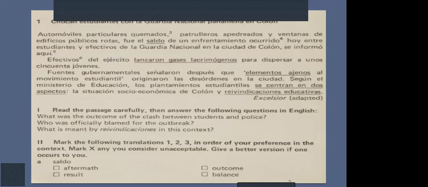Authorities reported. Yes, go on, please. Maybe army personnel used tear gas or threw tear gas to disperse around 50 young people.